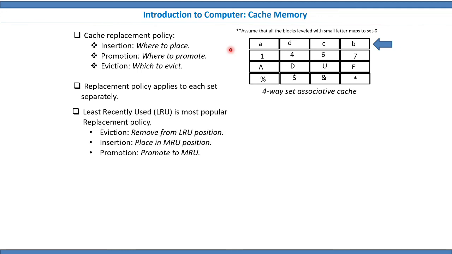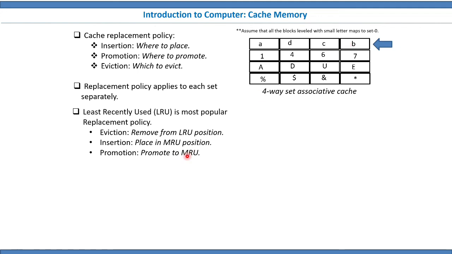If we concentrate on the LRU policy, that is the least recently used policy, the eviction policy is very easy. We all know which block will be evicted. We'll remove the LRU block. The block in the LRU position, that is the least recently used position, will be evicted. Insertion means whenever a fresh block is placed here, we'll make it MRU, that is, the most recently used block.